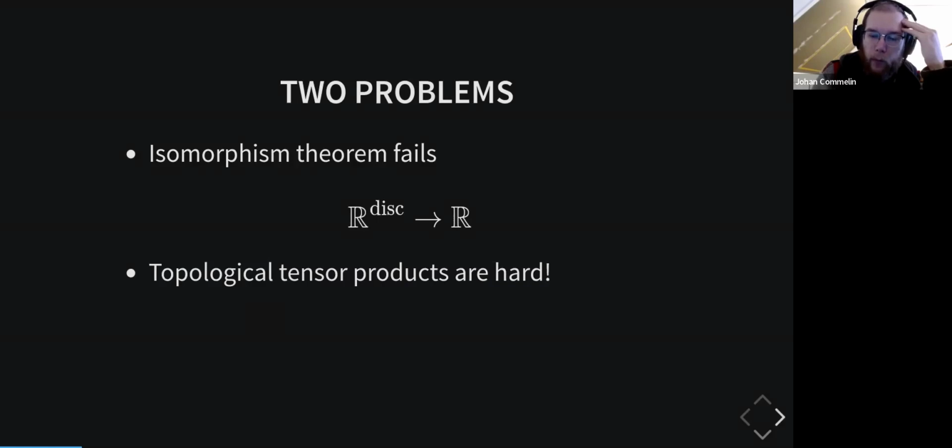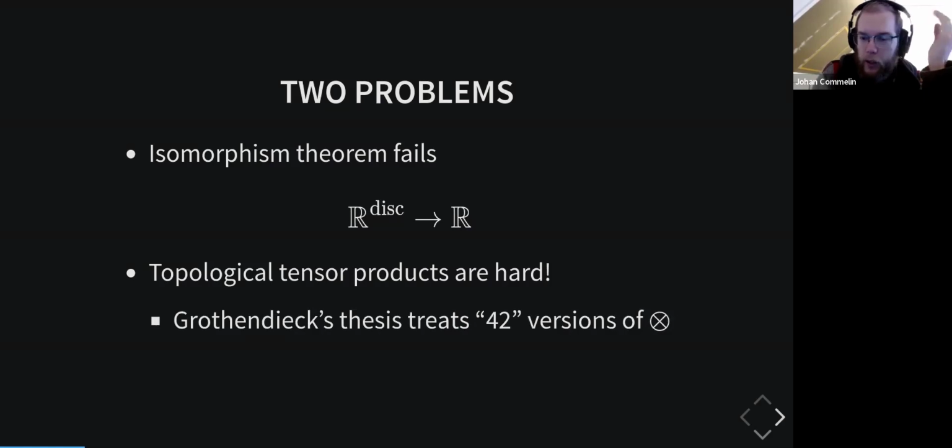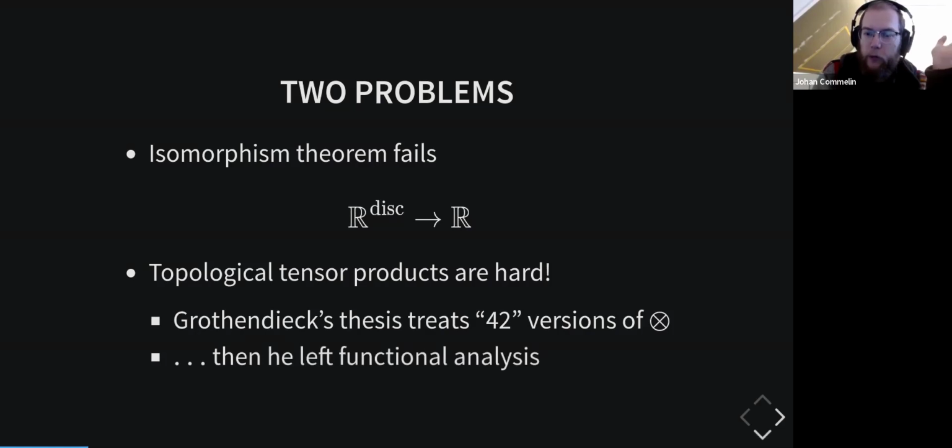And the other point is that the whole theory of tensor products basically breaks down, or at least becomes incredibly hard. So Grothendieck, in his thesis, defined many different kinds of tensor products of topological vector spaces. And basically, after that, he left functional analysis and decided, I'll just work on algebraic geometry instead, and revolutionize that field.